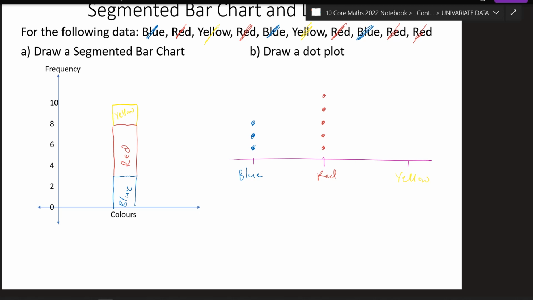And then for yellow, I have 2. So 1, 2. That's it. You don't really need to do too much apart from maybe the question might ask you which is the modal category. Then you tell me, oh, it's red. Red is the one that appears the most.